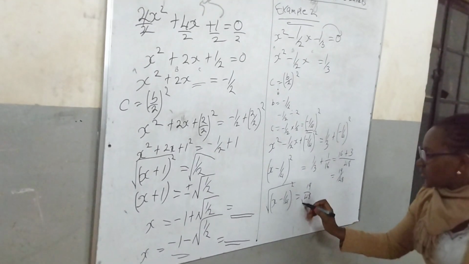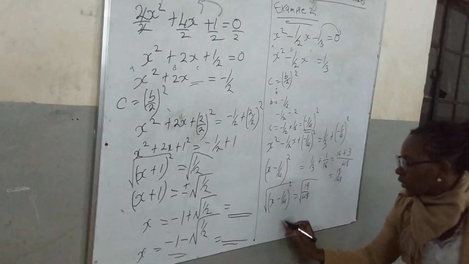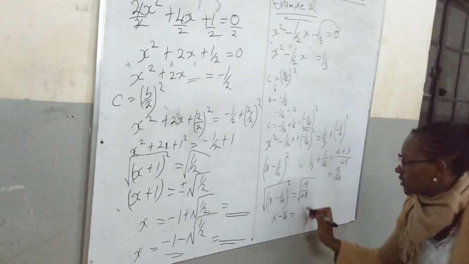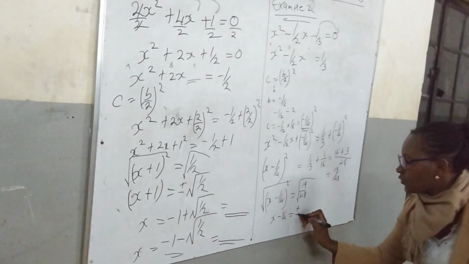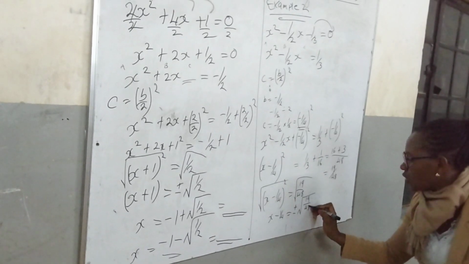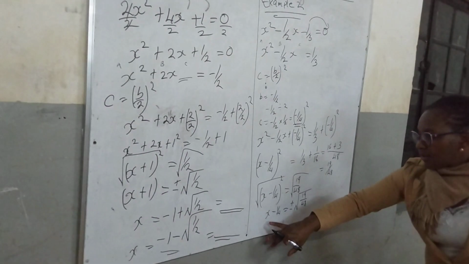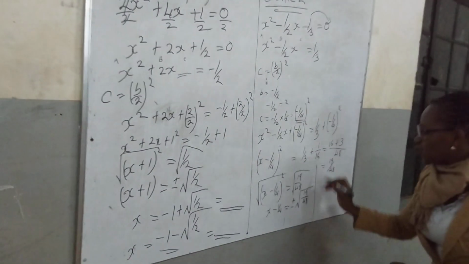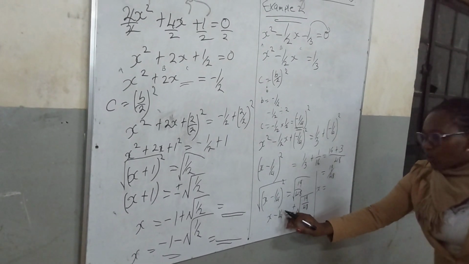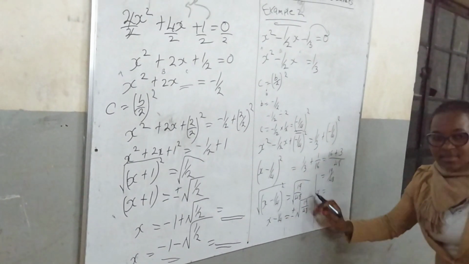Do the same steps. Very simple. Find the square root of both sides. Here we'll have x minus a quarter is equal to positive or negative square root of 19 over 48. For us to have the value of x, we take a quarter to the other side.